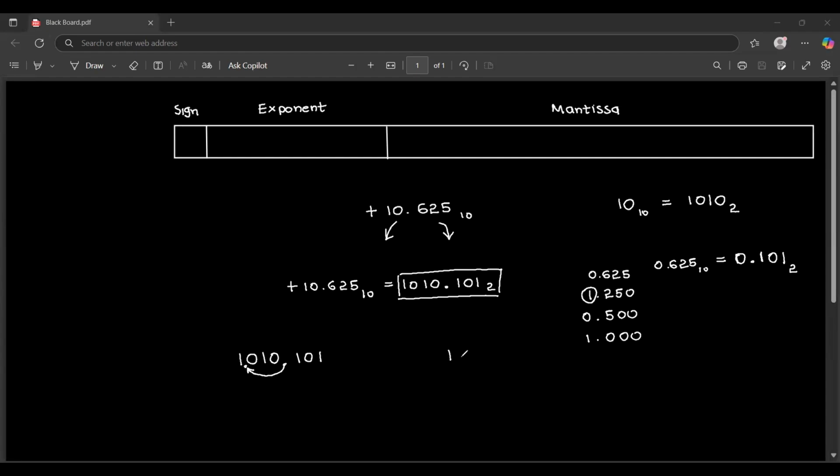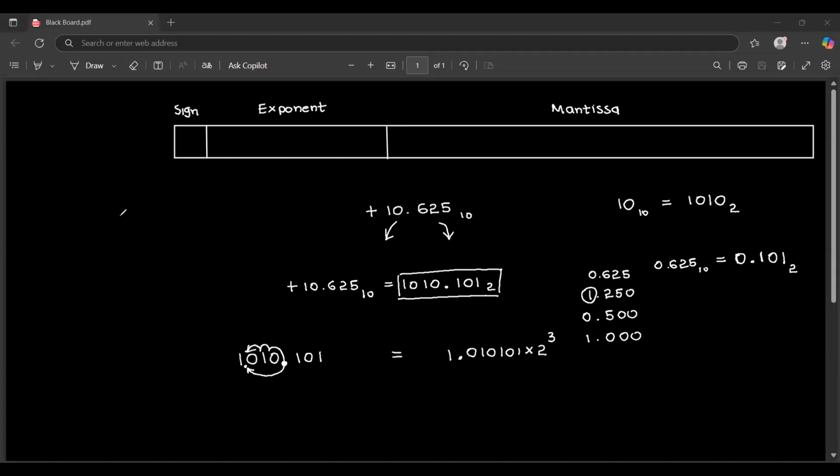So this will be equal to 1.010101 into 2 to the power 3. Why is it 2 to the power 3? Because we are bringing the binary point 3 places forward.